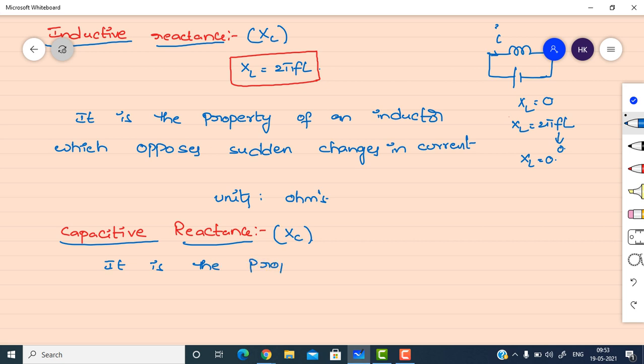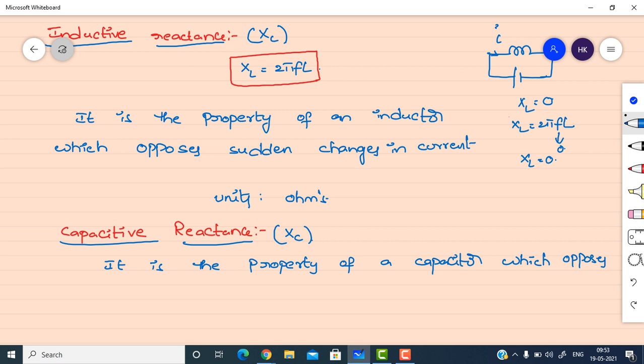Inductive reactance is a property of an inductor which doesn't allow sudden changes in current. But in case of capacitive reactance, it is a property of a capacitor which doesn't allow sudden changes in voltage. This is for voltage and this is for current.